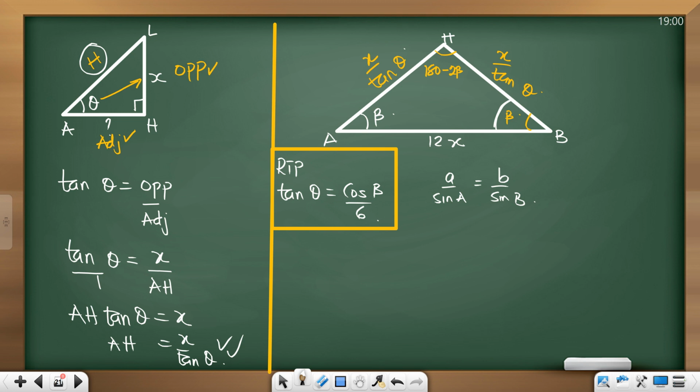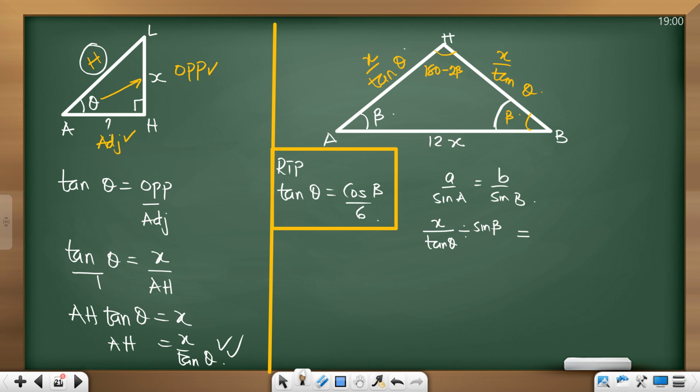Let's see. What is the side? X over tan theta over sine beta equals to. I need to use the 12 so that I can get 6.